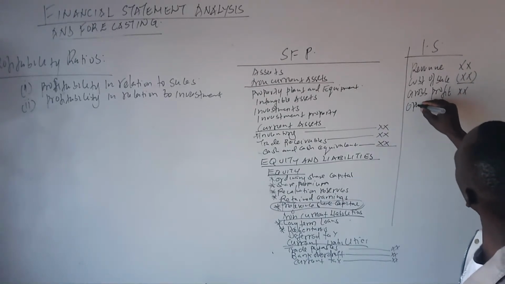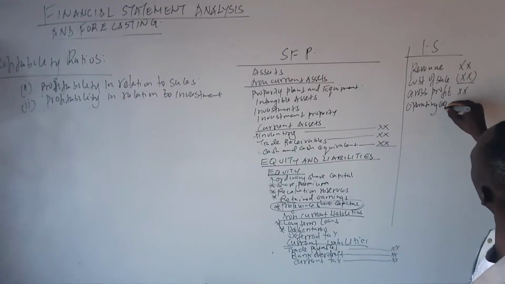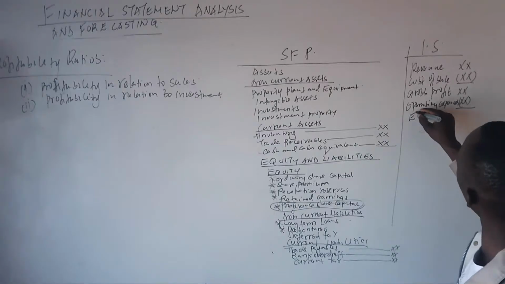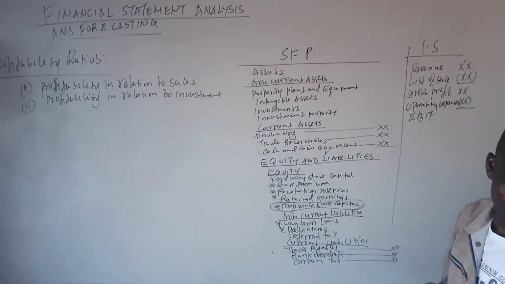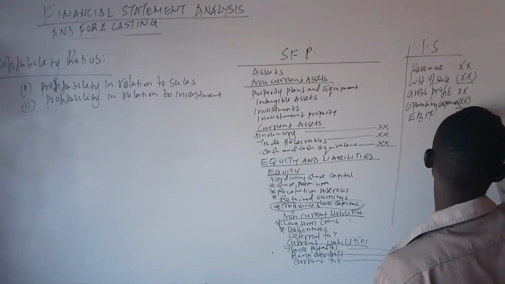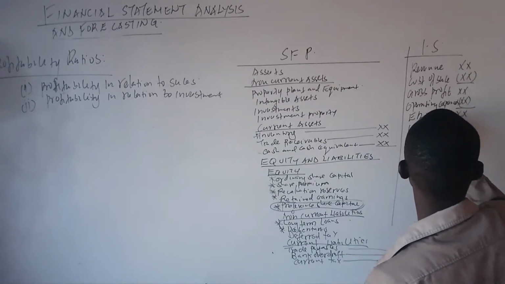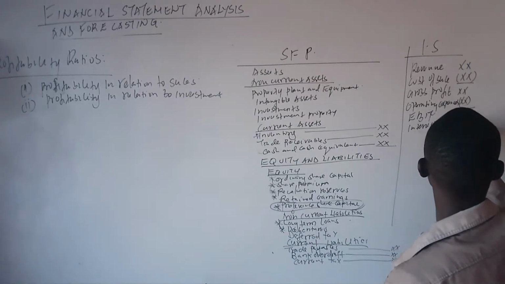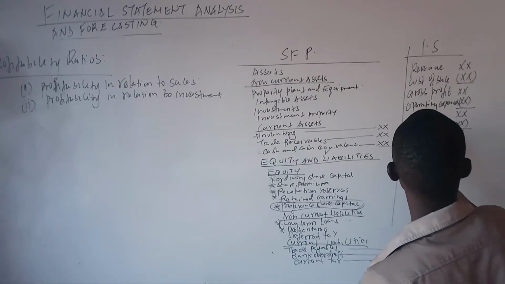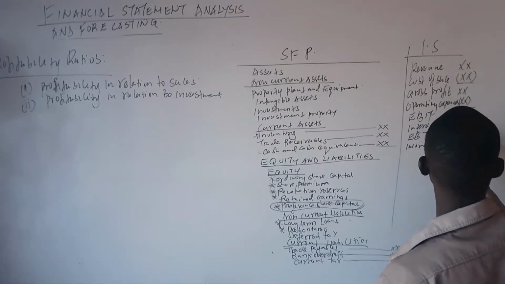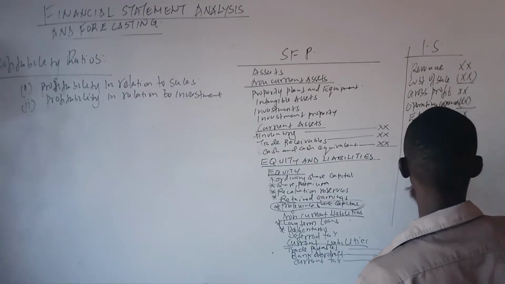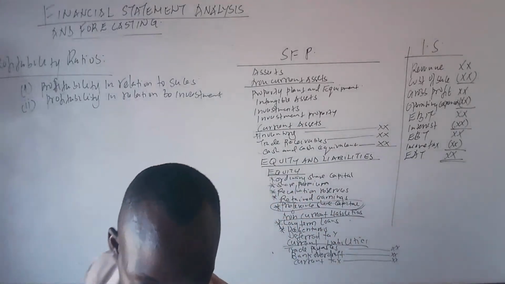Then we have the operating expenses, from which we get the earnings before interest and tax, or the operating profit. Then we less interest to get the earnings before tax. Then we less income tax, and we get the earnings after tax, or retained profit, or profit for the year.